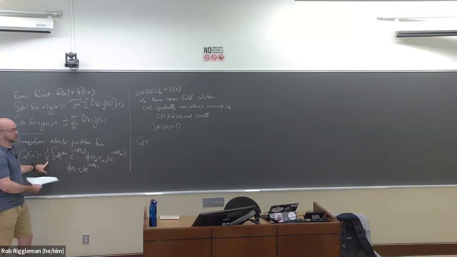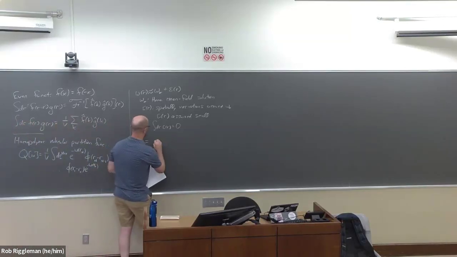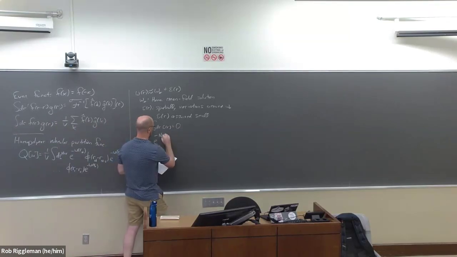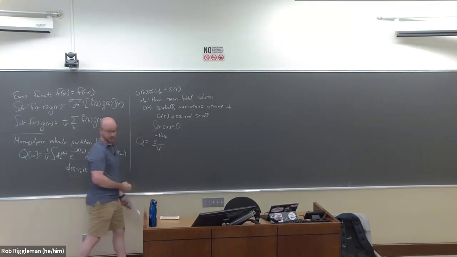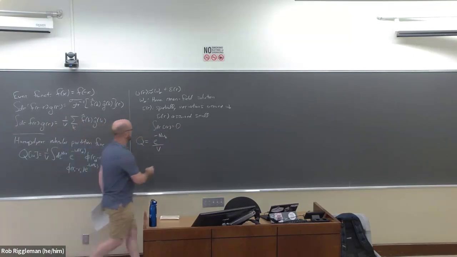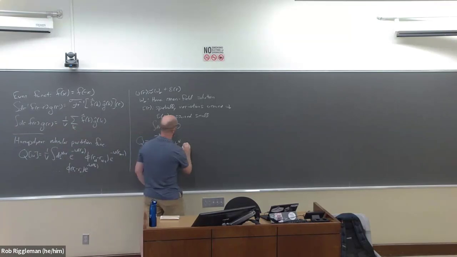That'll just show up as a prefactor scaling the whole value of Q. And so what we get is minus n W star over V as a prefactor. And then we have the same giant integral operation, but now with all the W of R's replaced with epsilon of R.